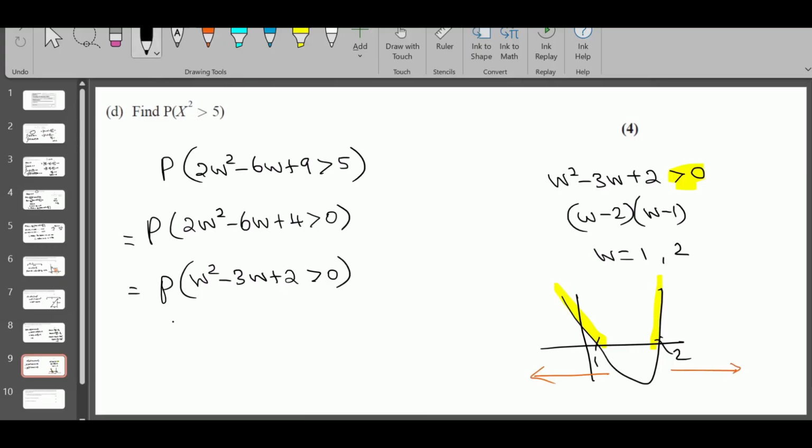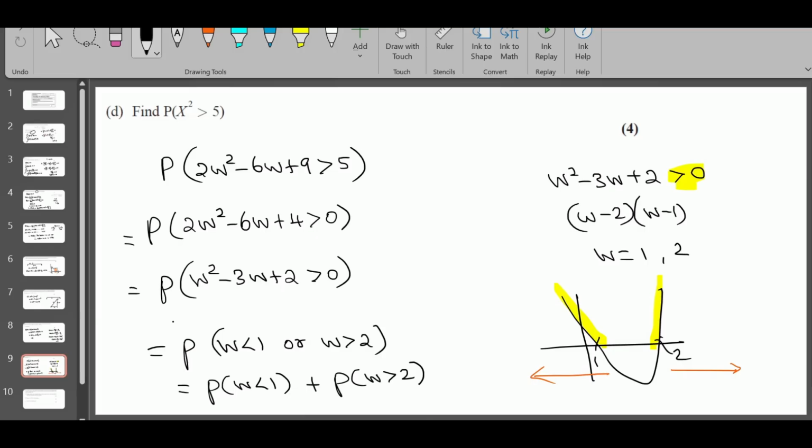So you can write this as P of W is less than 1 or W is greater than 2. So you need to find the probability of less than 1 plus greater than 2. Do not multiply. In probability, OR means union. You need to add them, right? So how do we find less than 1 and greater than 2?